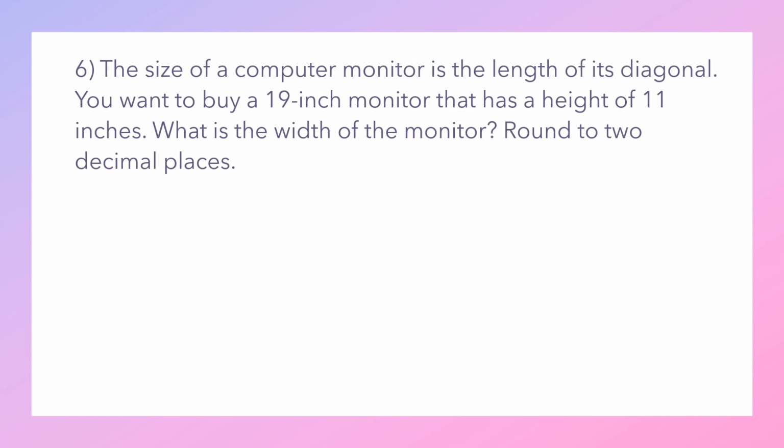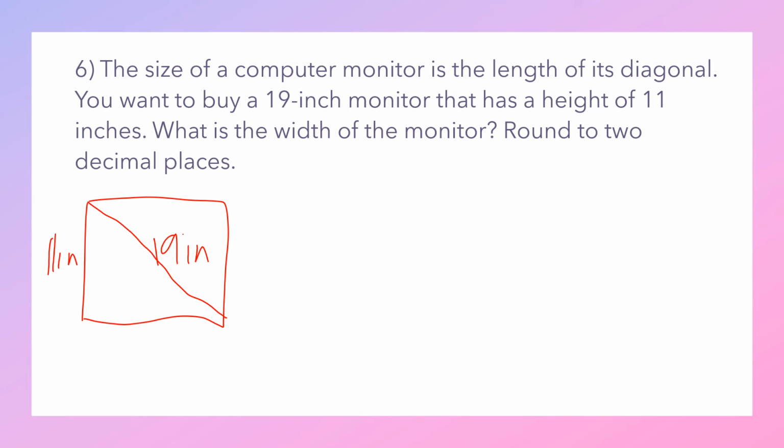Okay, so the size of a computer monitor is the length of its diagonal. You want to buy a 19-inch monitor that has a height of 11 inches. So 19-inch, which would be the diagonal, has a height of 11 inches. What is the width of the monitor?